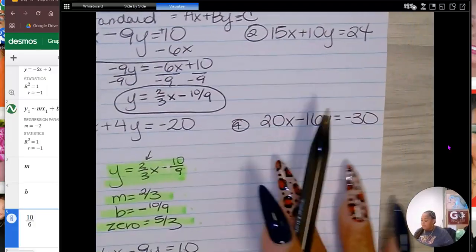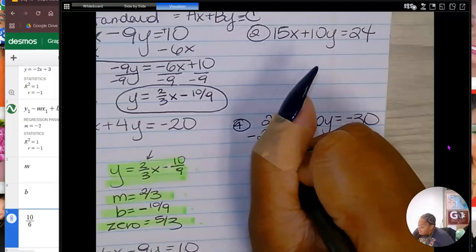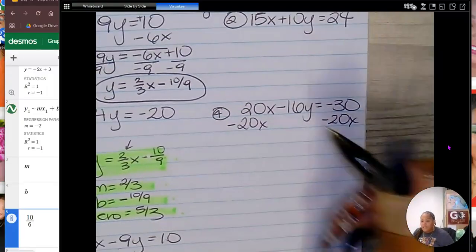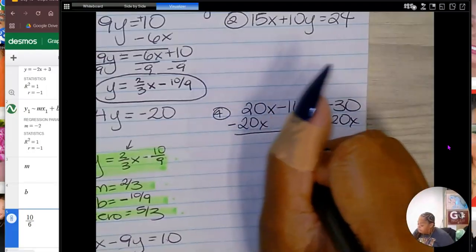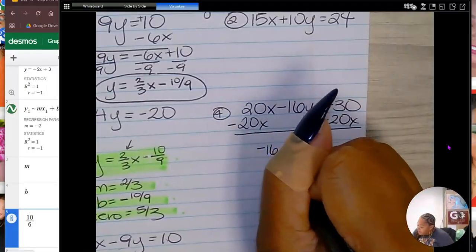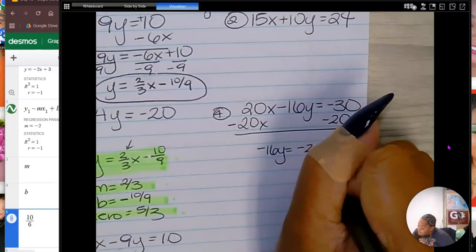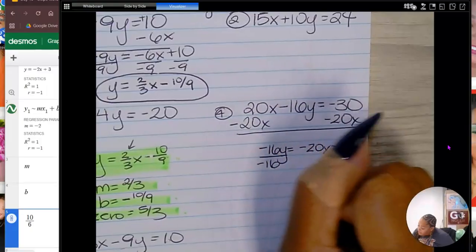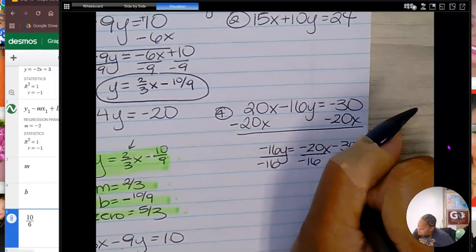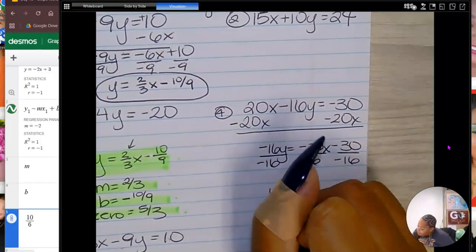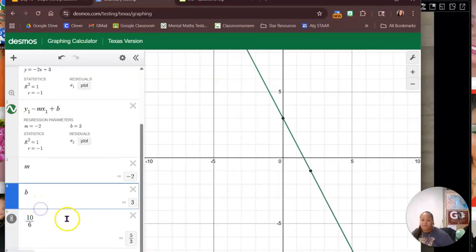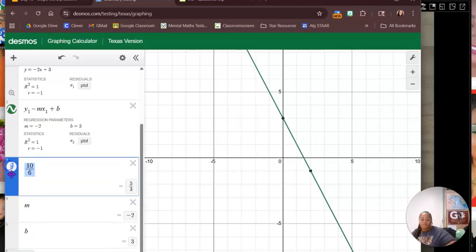I've got 20x. I want to subtract 20x from both sides. The 20x's over here are going to be zeroed out. This is negative 16y equals negative 20x minus 30. Divide each term by negative 16. Y equals, this needs to go in decimals, negative 20 divided by negative 16.